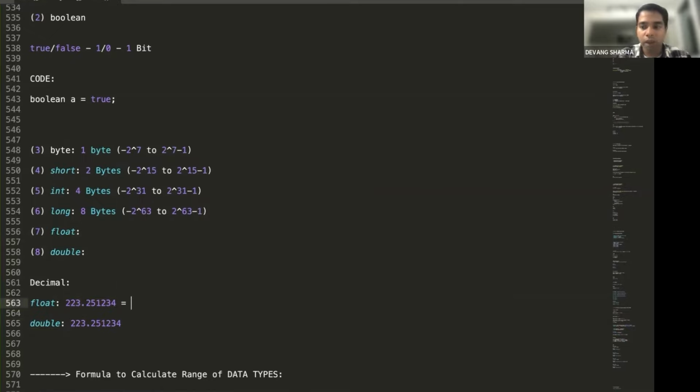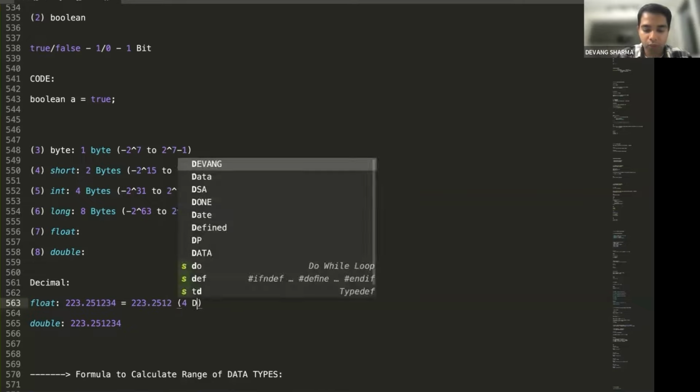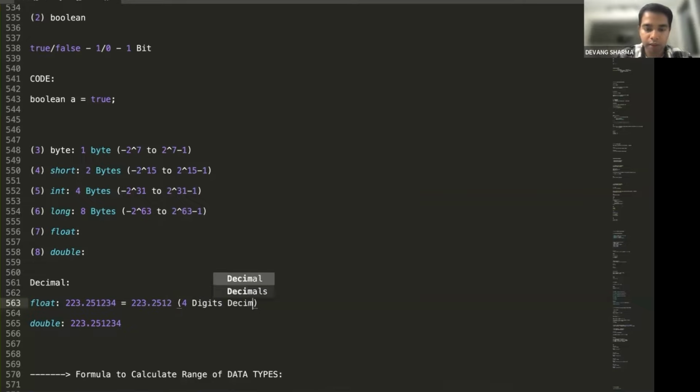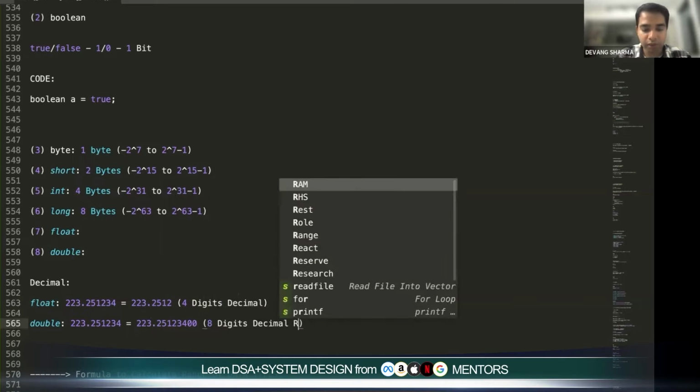Float is going to store up to 4 decimals. So 223.2512. This is 4 digits decimal. But double is going to store up to 8 digits decimal. So 223.25123400. So this is 8 digits decimal precision.